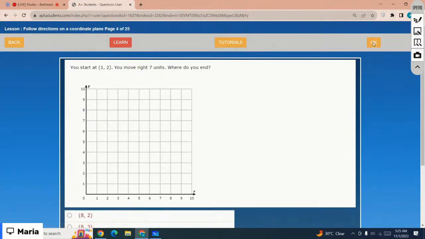Okay, you start at 1, 2, you move right 7 units. So which is the correct option?